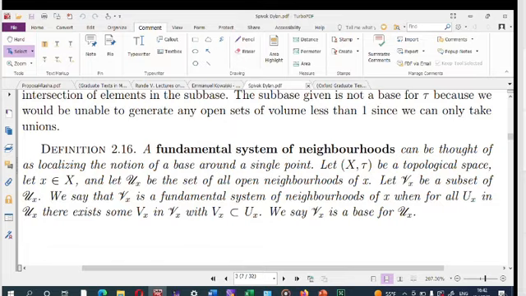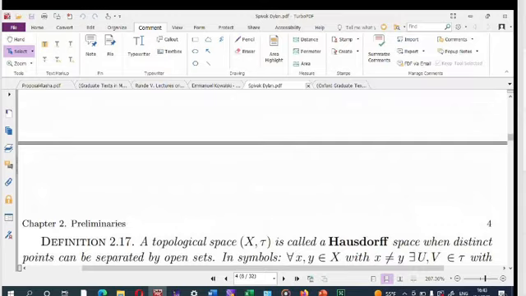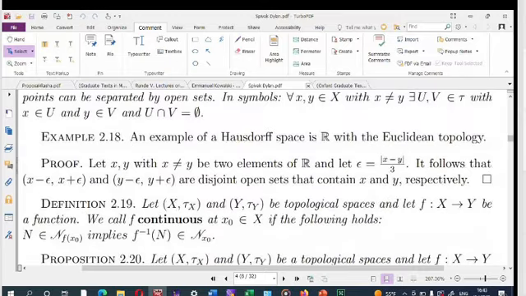We say that Vx is a fundamental system of neighborhoods of x when for any U in Ux there exists some V in Vx with this property: V is a subset of U, and we say Vx is a base for Ux, a fundamental system of neighborhoods. And we have this definition.